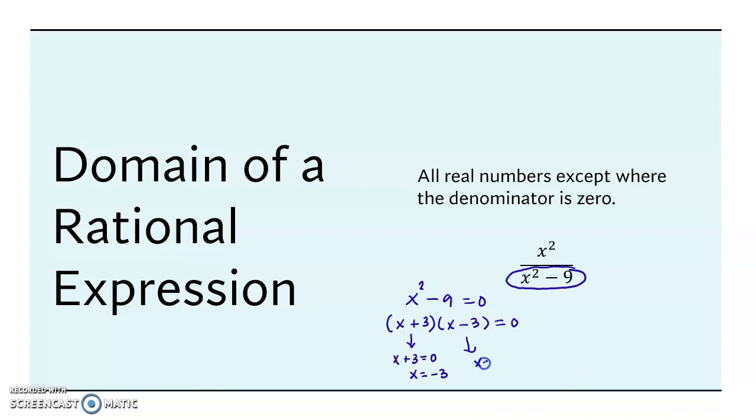And x equals positive 3 would be the other way. So the domain for this example would be all x's such that x is not equal to negative 3 and x is not equal to 3. That's where this function would have vertical asymptotes, so it doesn't have a value at those points.